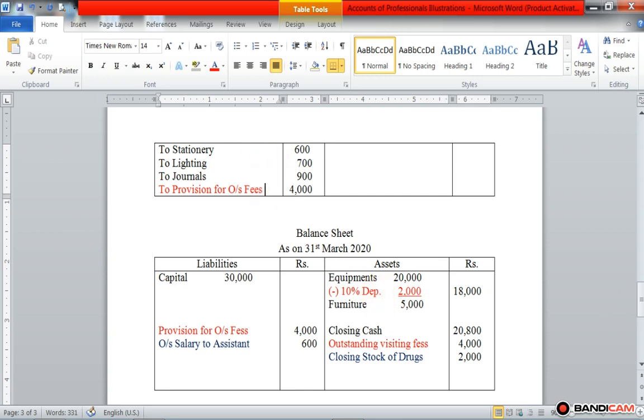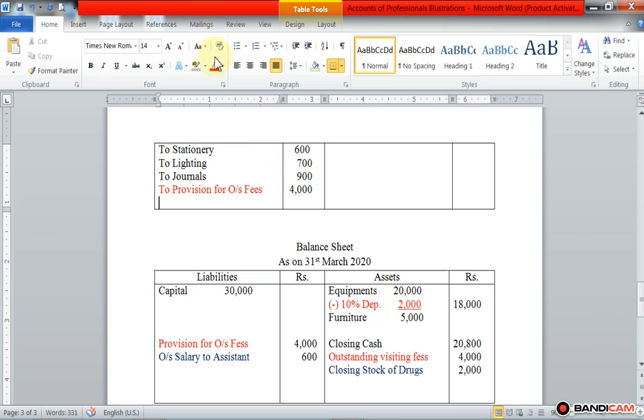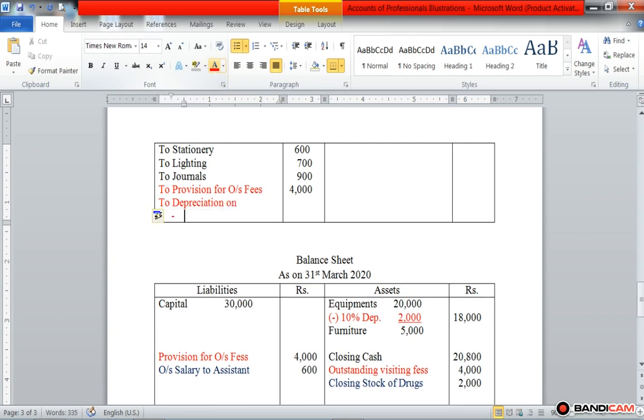Second effect on the expenditure side, depreciation on equipments, inner column 2000.